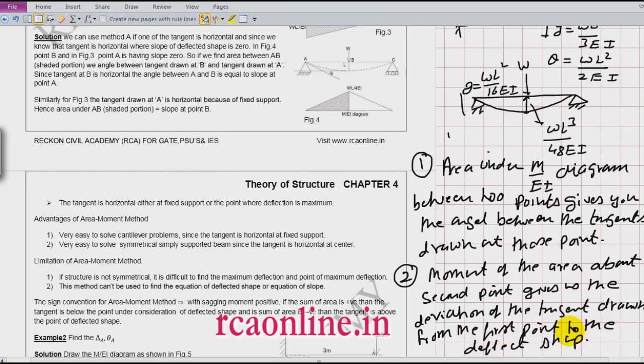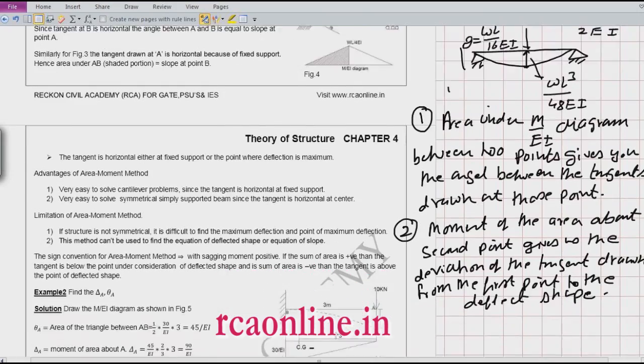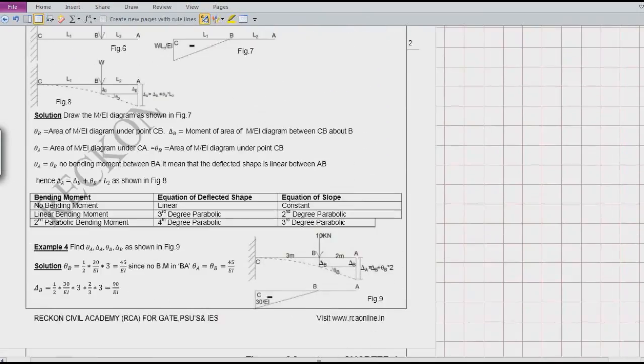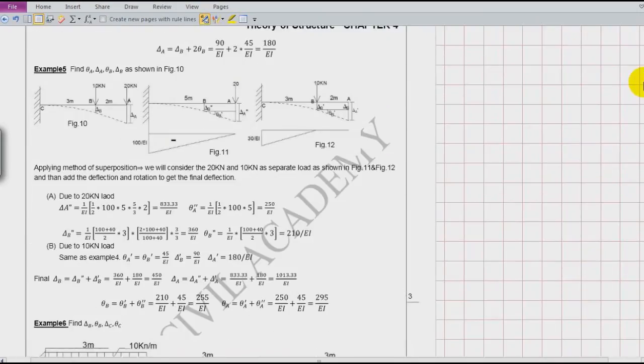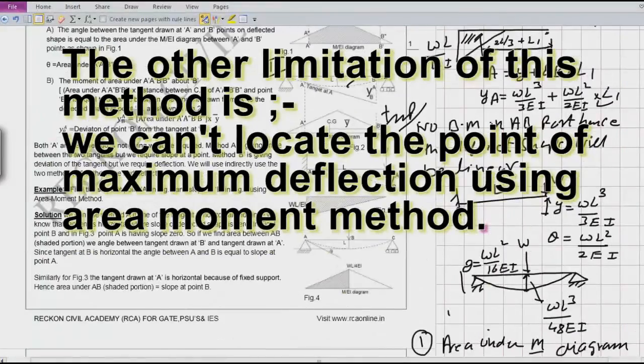Is it okay? So this is the area moment method. I again request you, just understand the method, but we will not apply it much because it will take a lot of time. So in the next lecture, I will be discussing Castigliano's theorem, which is one of the most powerful methods for solving objective questions.